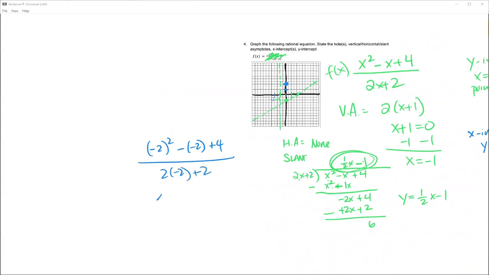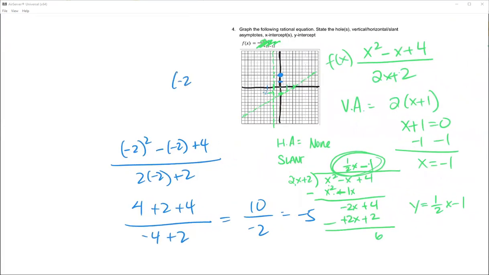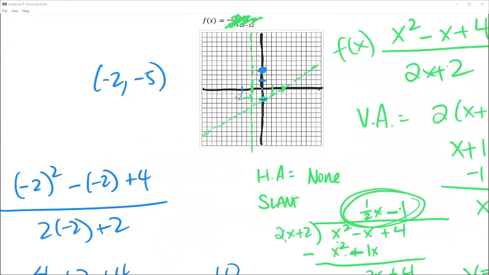This will be 4 plus 2 plus 4 over -4 plus 2, 10 over -2, which is -5. Okay. So at -2, -5, that's our next point here. So let's go back in here. This is 1, this is 2, this is 3, this is 4, this is 5. You'll have a point like right here.